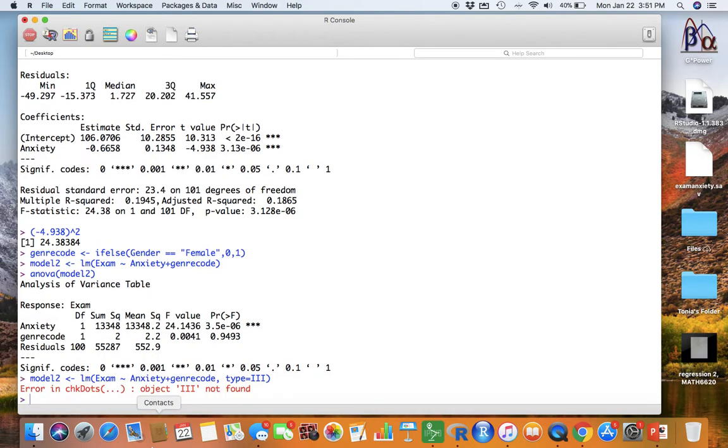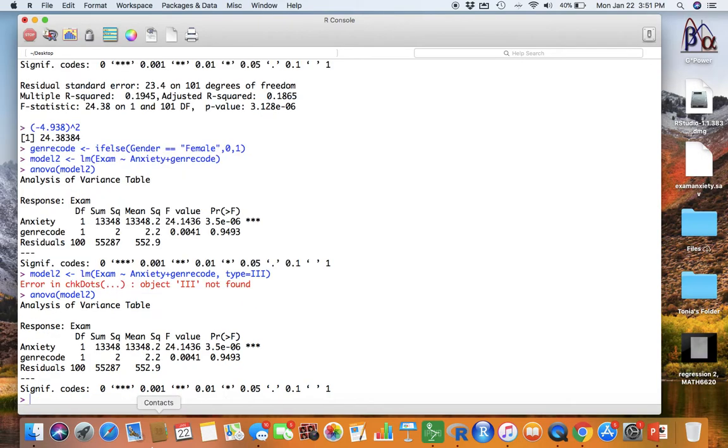Anyway, guys, I don't like the way this does it. For anxiety and gender code, which are my 2 predictors, I want this all on one line and give me one F value, one sum of squares, and one P value. But I remember R doesn't do that. So guys, I'll get that worked out. I don't remember how to do that right now. I usually just kind of shoot from the hip when I'm creating these.